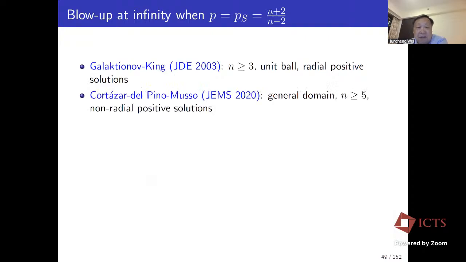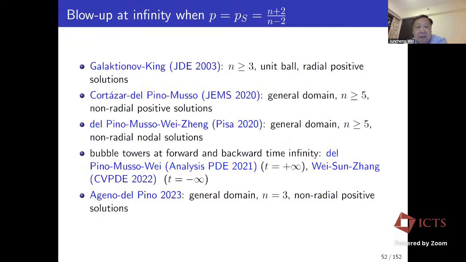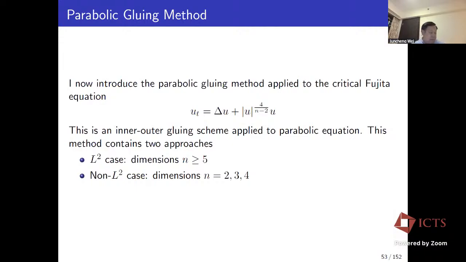I will not discuss here. Okay, so this is an overview of a blob, type 2 blob in the critical case and the supercritical case. And in the remaining part, I would introduce the parabolic gluing method for the critical Fujita, which is the parabolic Bahri-Coron problem.